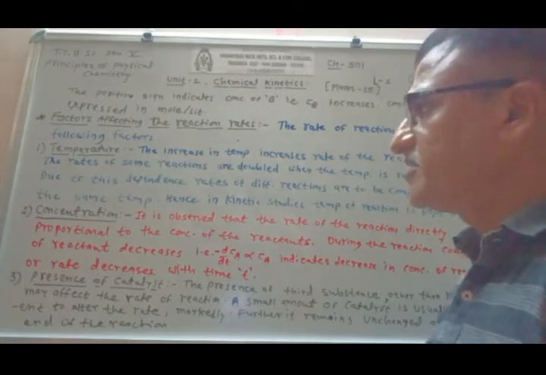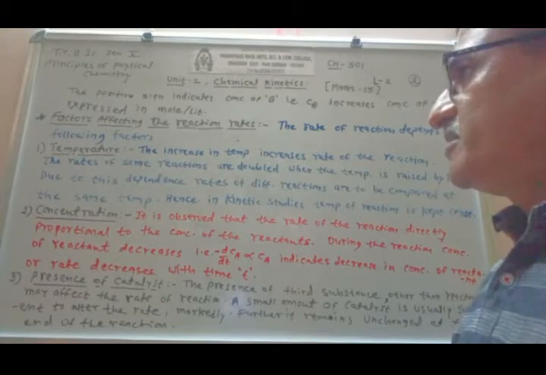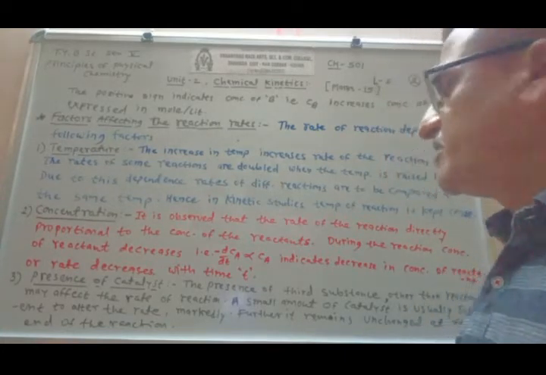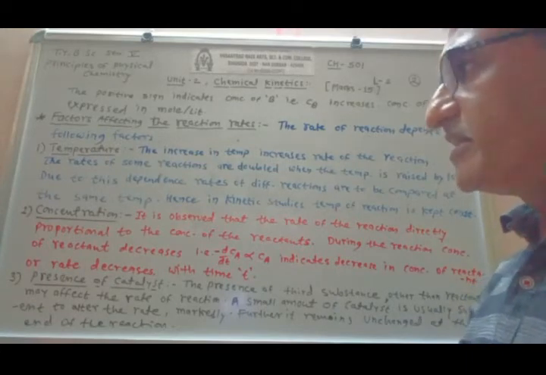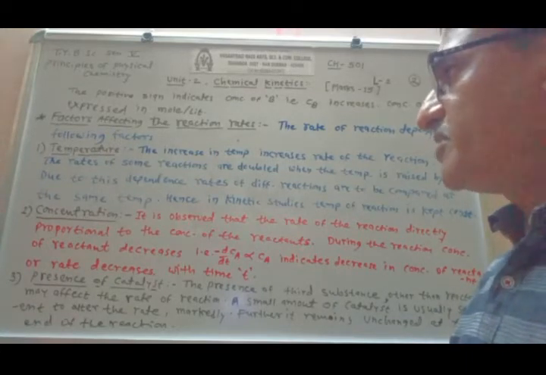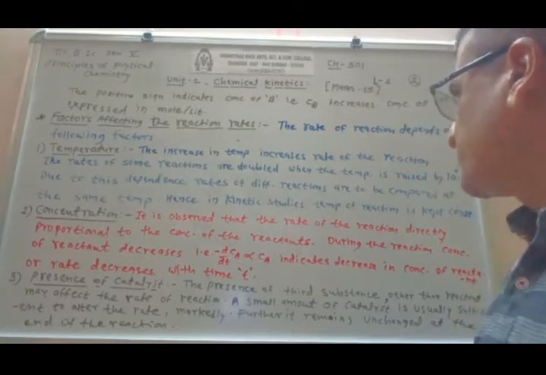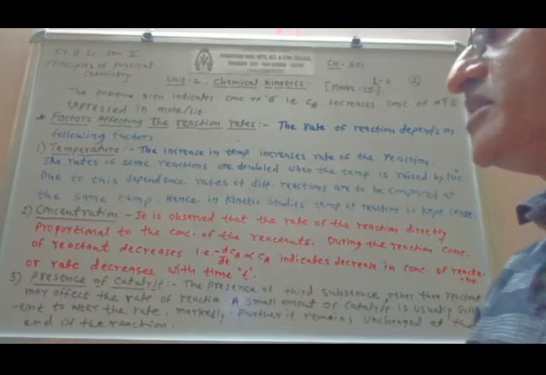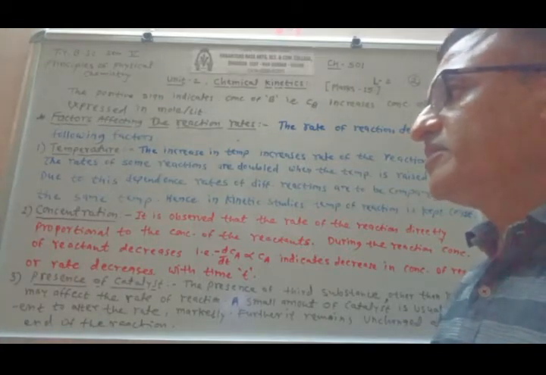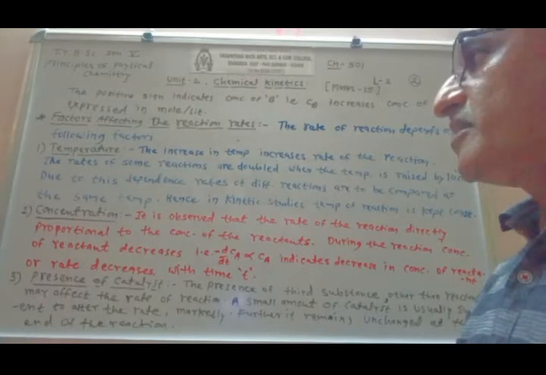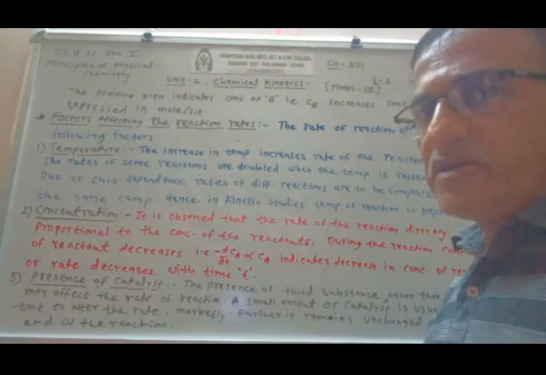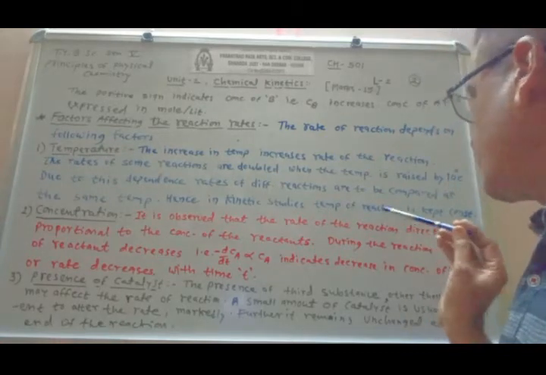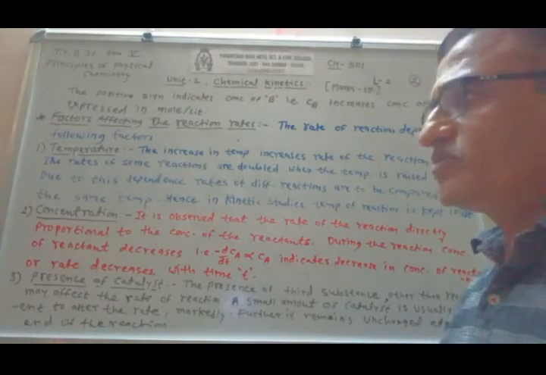The rates of some reactions are doubled when the temperature is increased by 10 degrees centigrade. Due to this dependence, rates of different reactions are to be compared at the same temperature. So the reaction is carried out in a thermostat to control the temperature. Hence kinetic studies are kept at constant temperature by means of a thermostat.